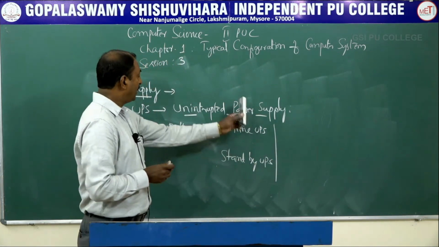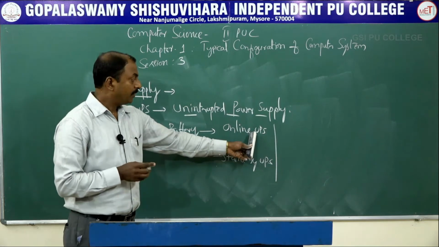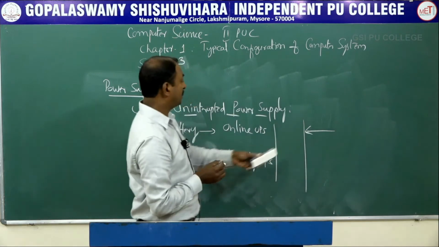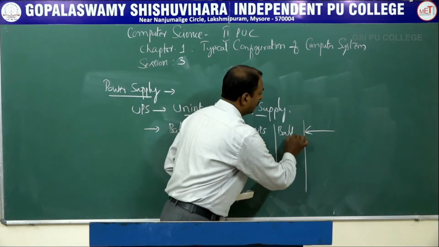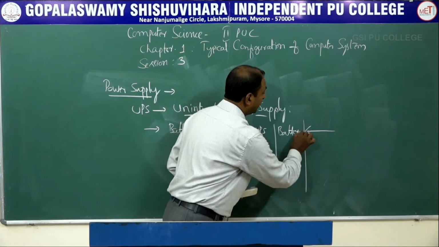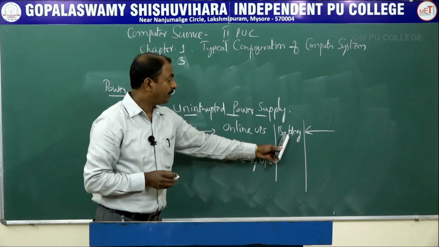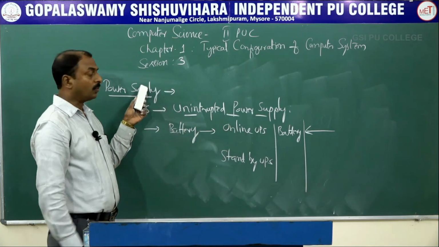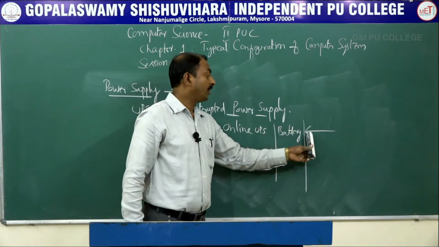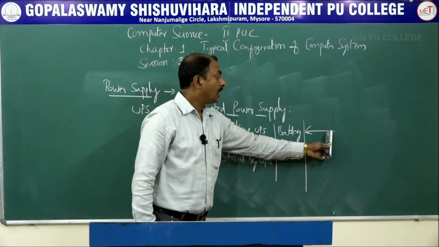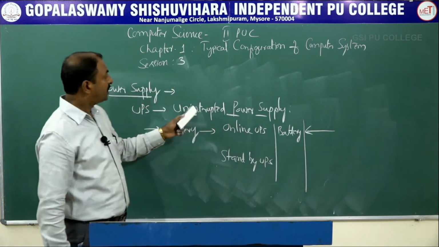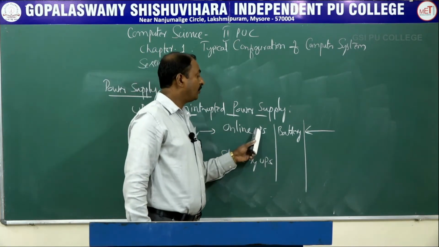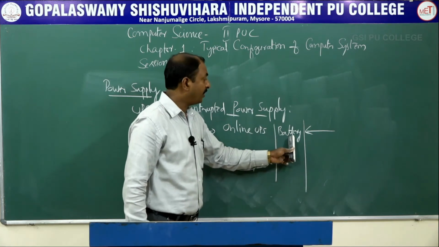In an online UPS system, even if there is power supply, the computer system gets continuous power through the battery or through the UPS. So if there is any failure in electricity or power supply, the system does not notice it, because it is already getting power supply from the battery of the UPS.